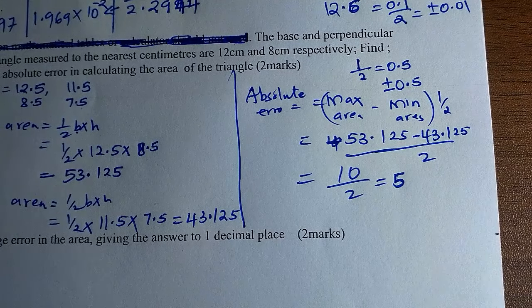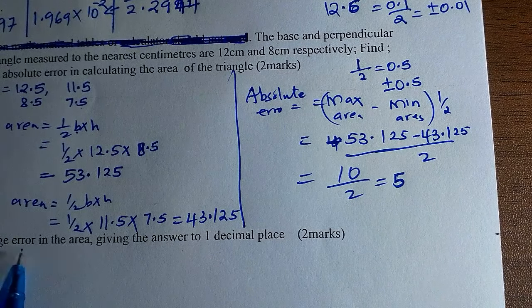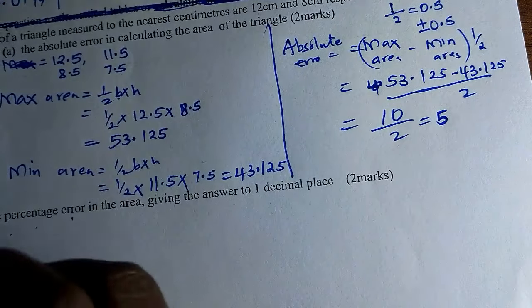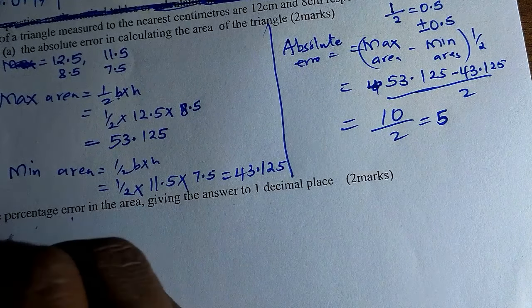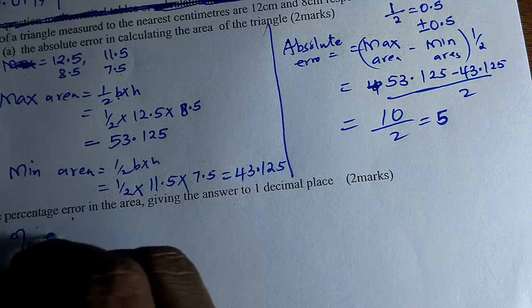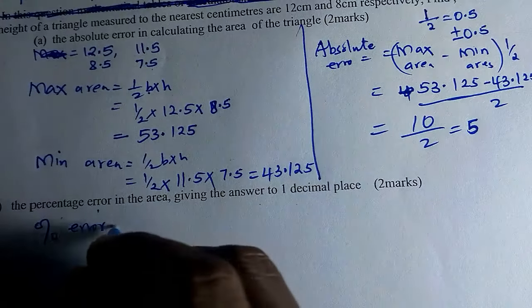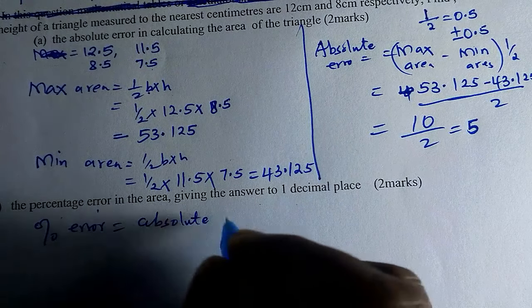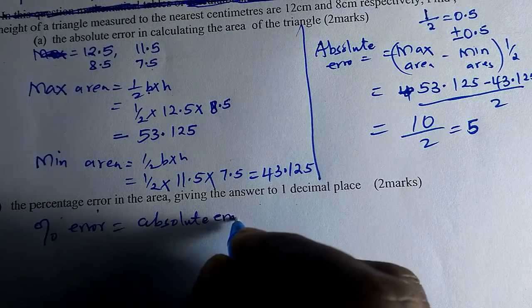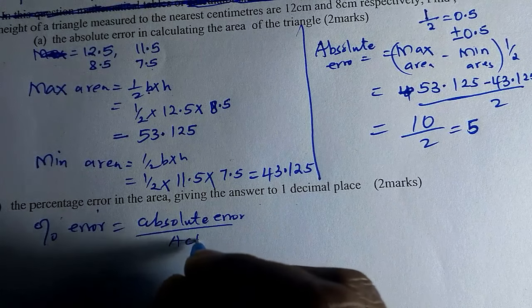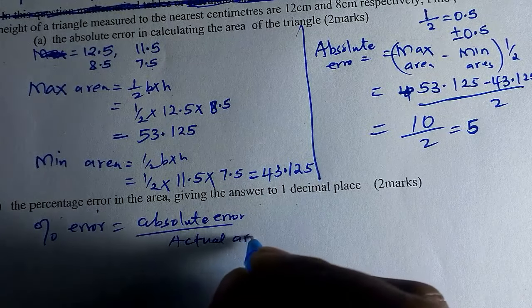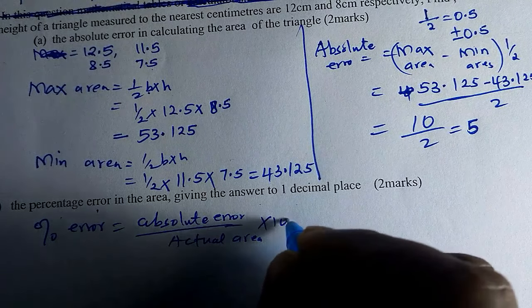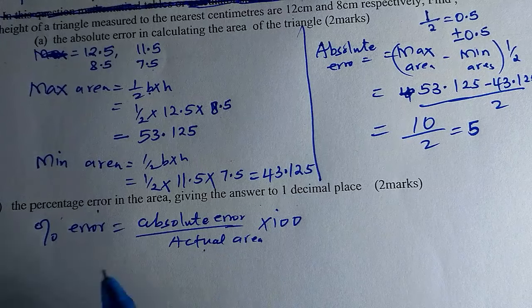Find the percentage error in the area. Percentage error is equal to absolute error over actual area times 100. We don't have the actual area, so we need to get it.